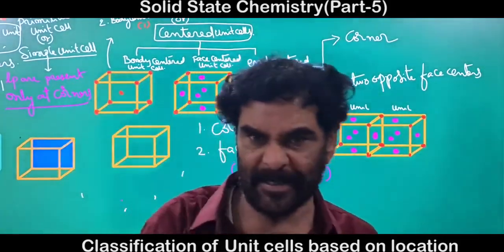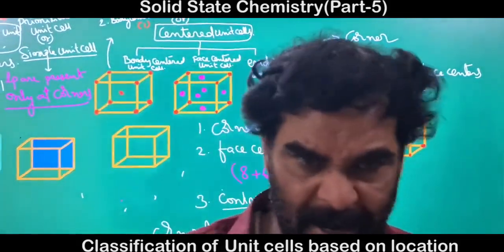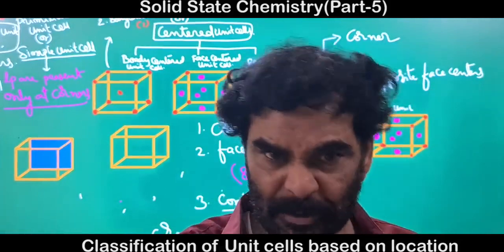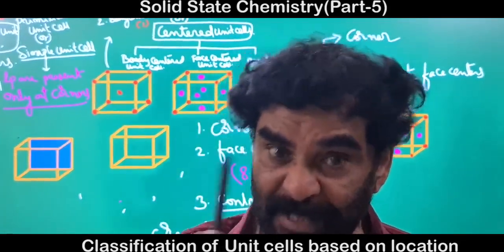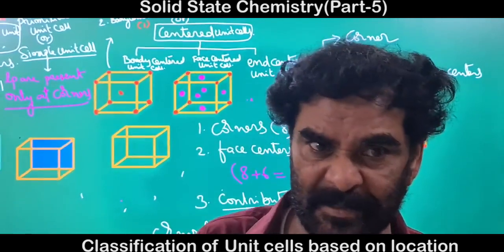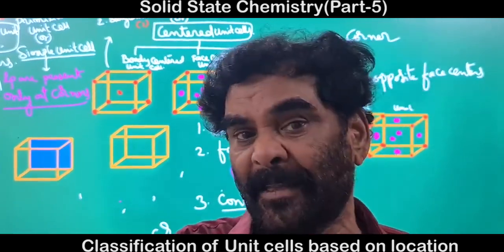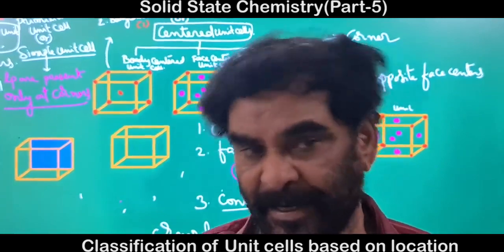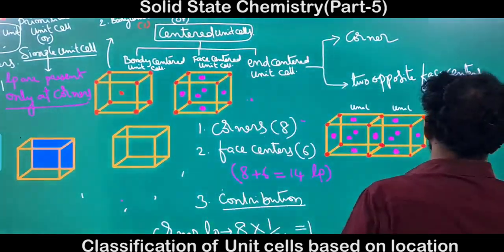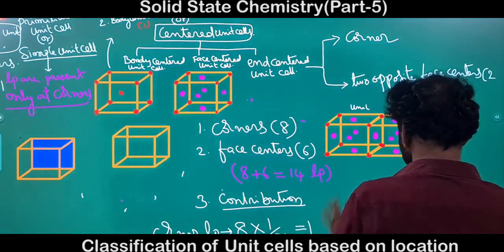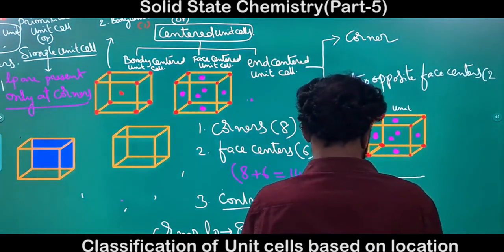Only two are present, in addition to the corner atoms. There are 6 face centers, and they must be at the opposite ends. They are called the end centers.